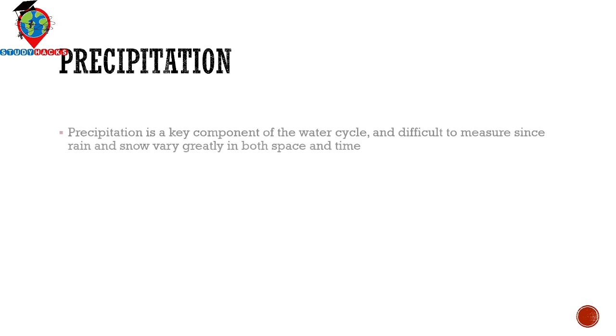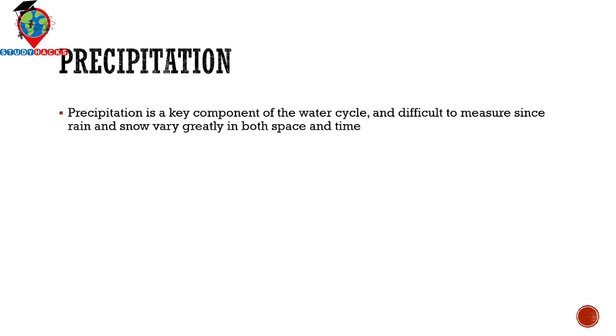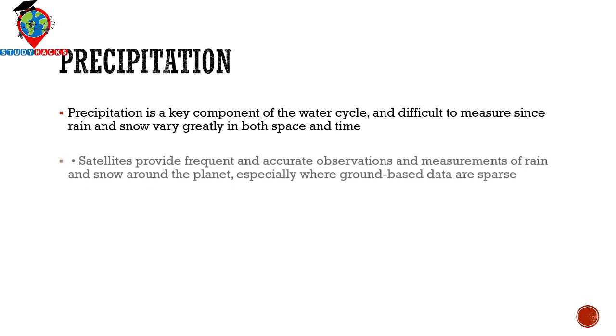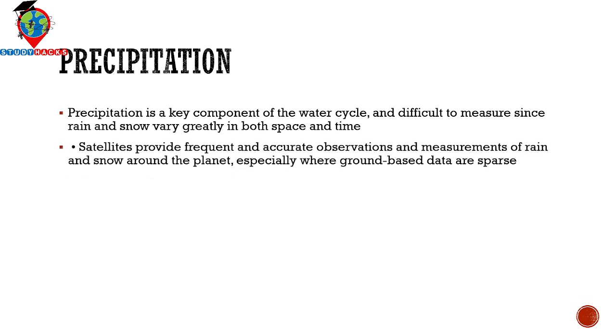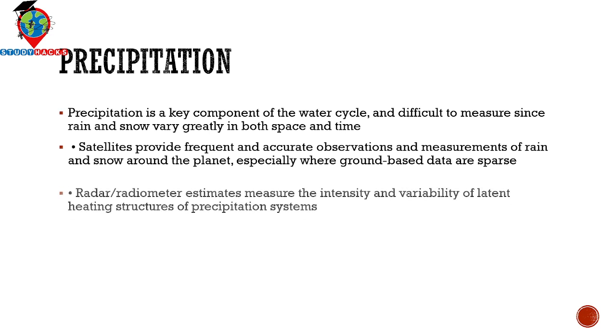So now precipitation. Precipitation is a key component of the water cycle and difficult to measure since rain and snow vary greatly in both space and time. So satellites provide frequent and accurate observation and measurement of rain and snow around the planet, especially where ground-based data are sparse.